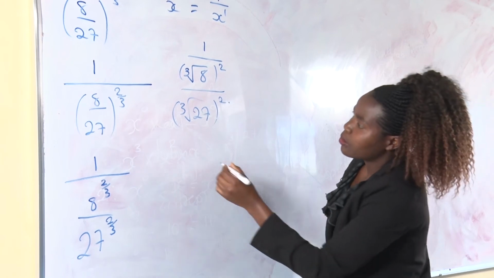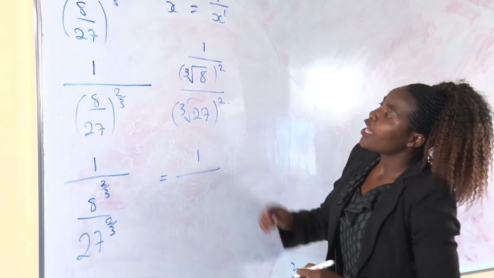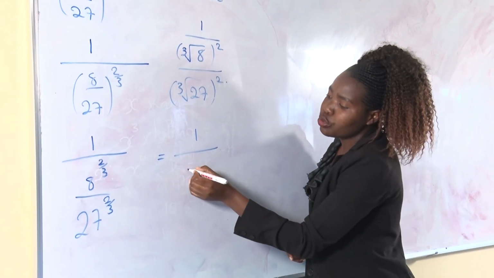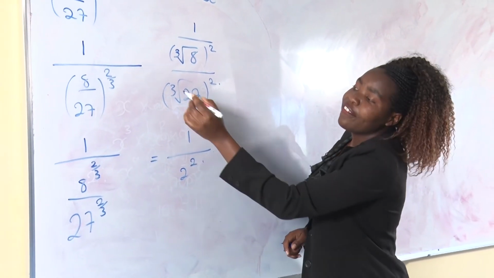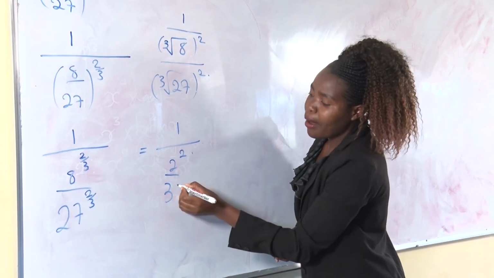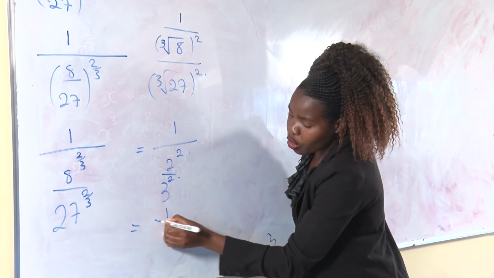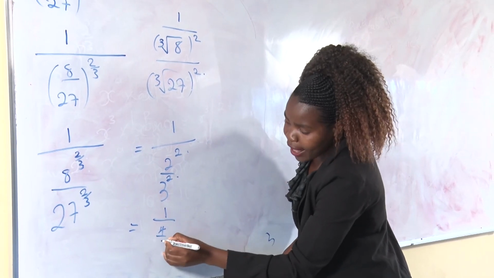The cube root of 8 is 2 being raised to the power 2, and the cube root of 27 is 3 being raised to the power 2. And our answer becomes 1 over 4 over 9.